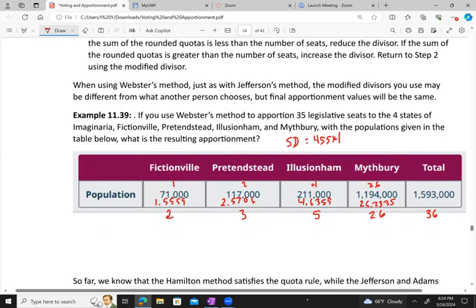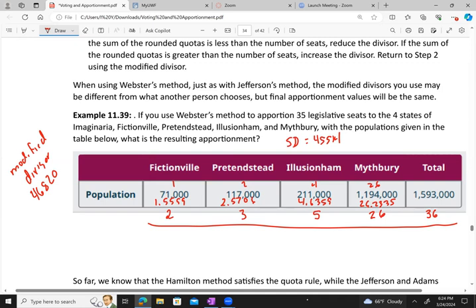And again, the issue with these is it could take a long time. So I did this several times. And I used a spreadsheet to make it quicker with all the repeated division. I ended up using 46,820 as the modified divisor.